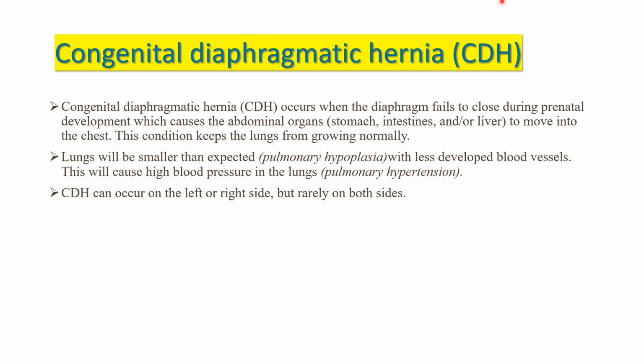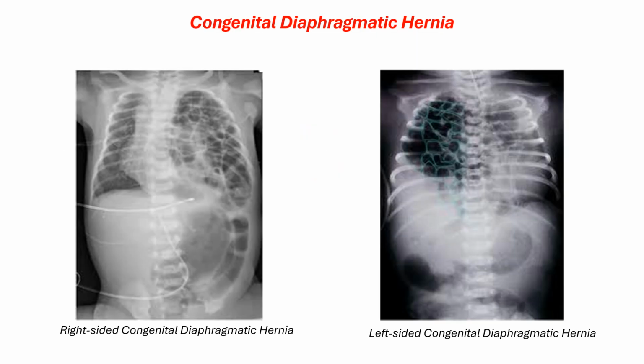Mainly there are two kinds of congenital diaphragmatic hernia, which are basically the left CDH and also the right CDH. Rarely they are basically on both sides.